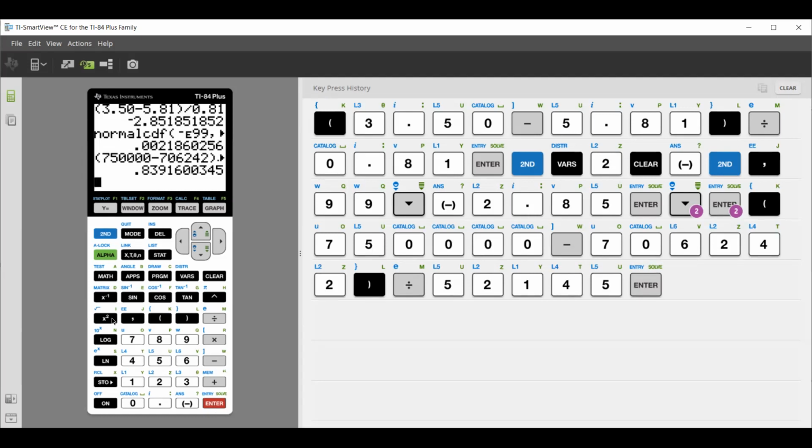This is your z-score, this isn't your area yet. Your z-score rounds to two places, so use 0.84 as your answer there and put that in your next step.